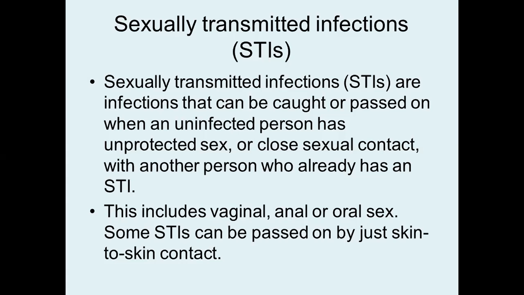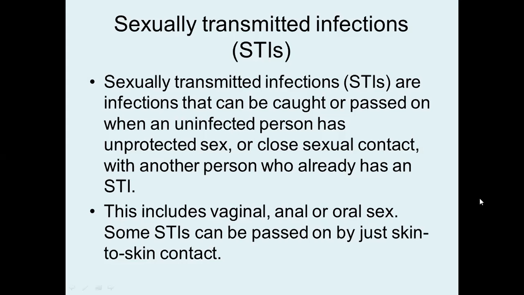It does also protect against pregnancy, but we're not concerned about pregnancy in this particular context. We're simply talking about STIs. So, for example, an IUD will protect against pregnancy, but it definitely doesn't protect against STIs. So in this context, protected means using a male or female condom.